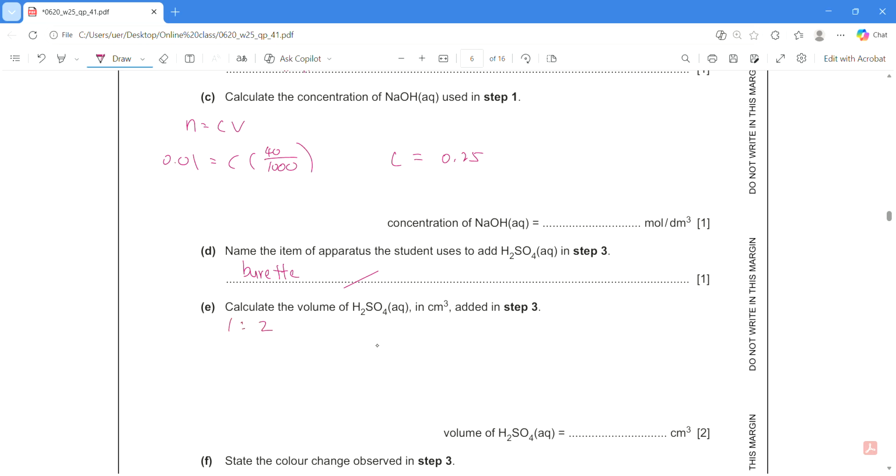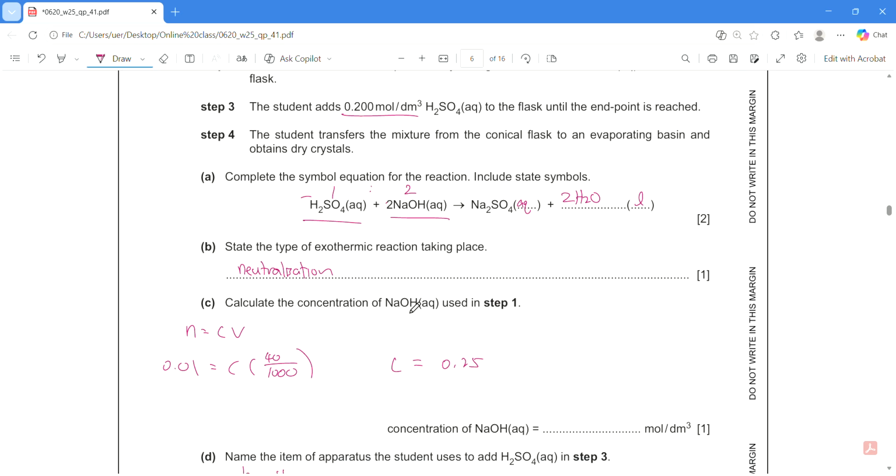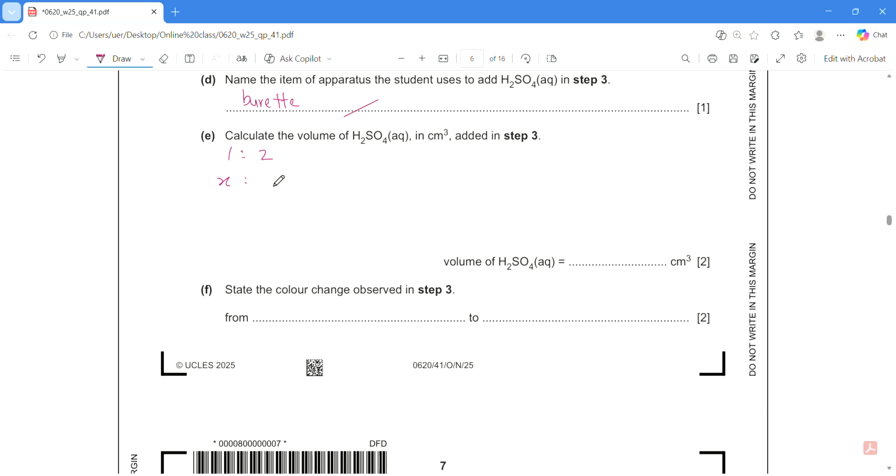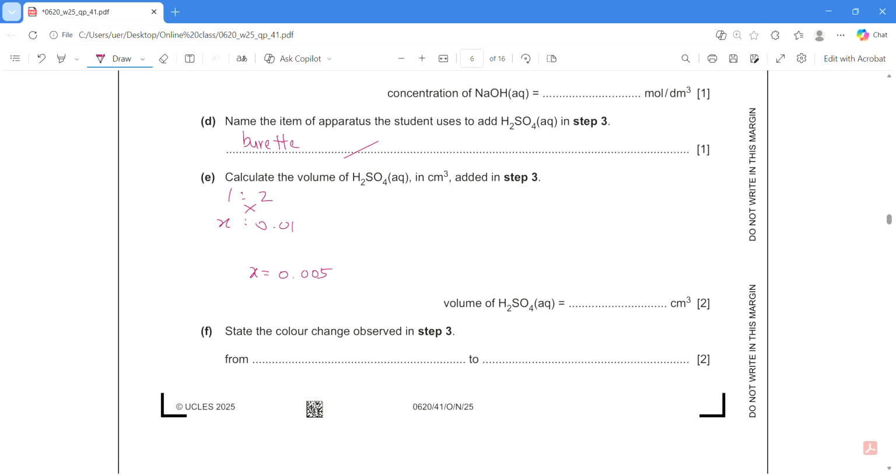For ratio 1, I don't know the moles, so I use X as unknown, but for ratio 2, the NaOH, we know is 0.01 mole. So we just cross multiply and we get 0.005 mole for H2SO4.